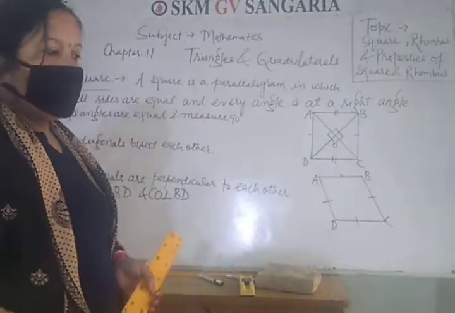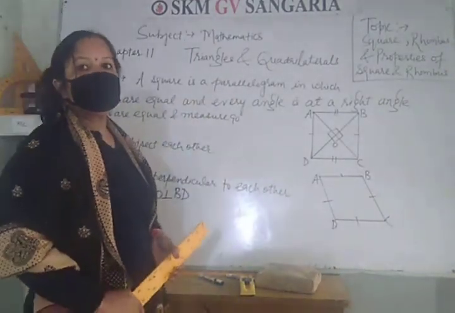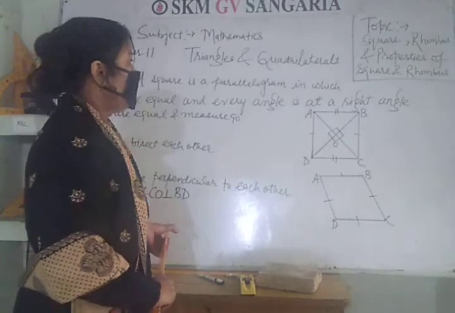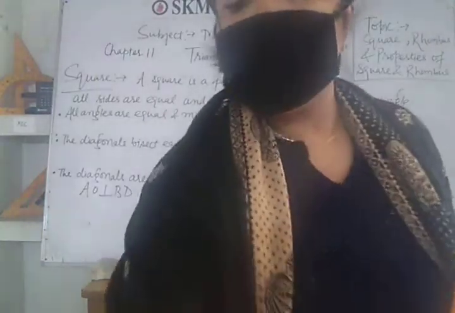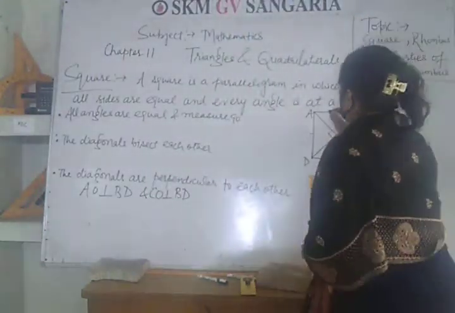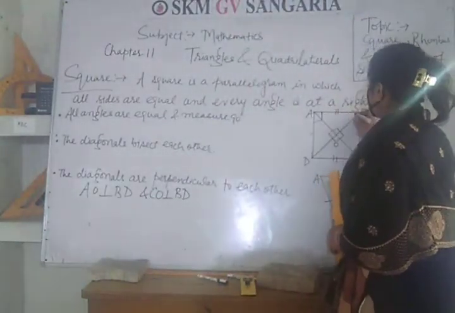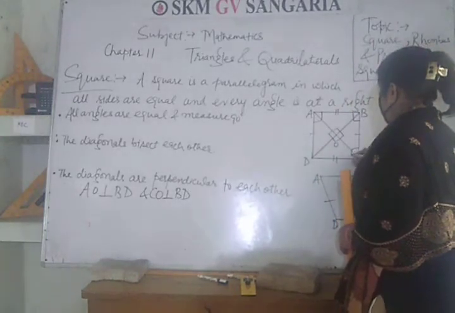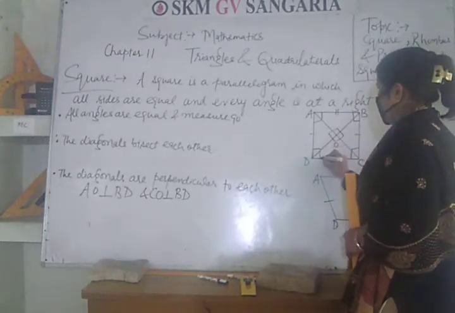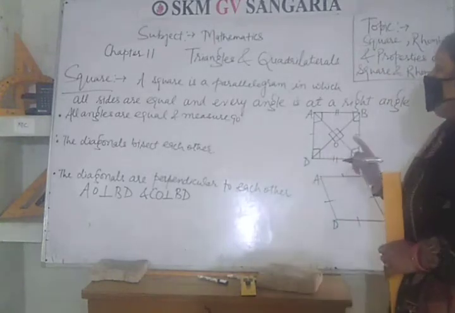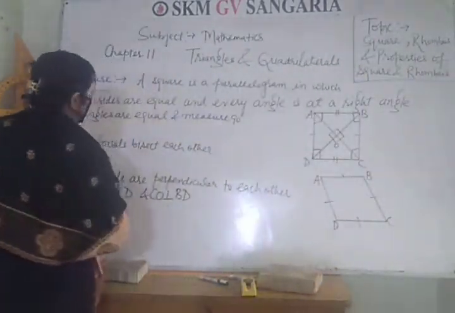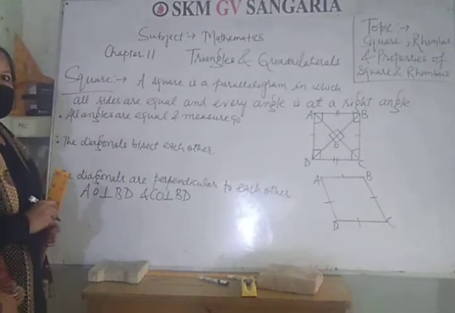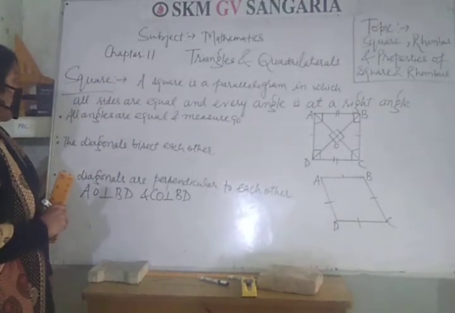One condition more. First of all the sides are of equal length and all the angles are right angles. Which type of angles are they? Angle A, angle B, angle C, angle D. So we can say that all angles are equal and of measure 90 degrees.